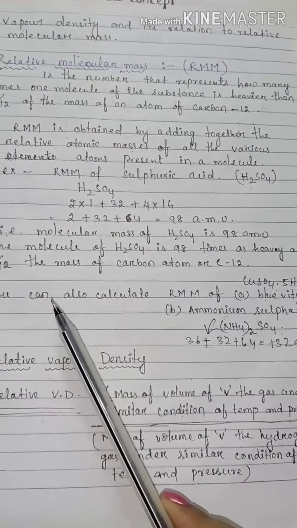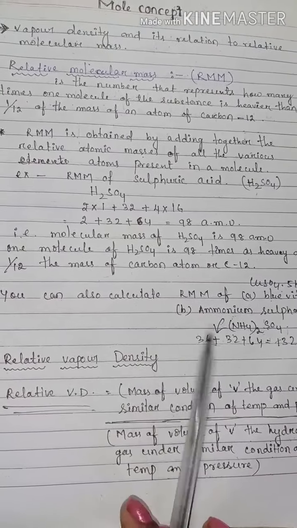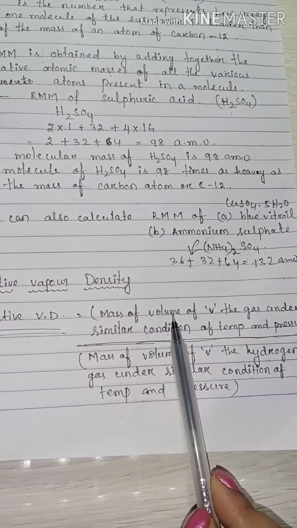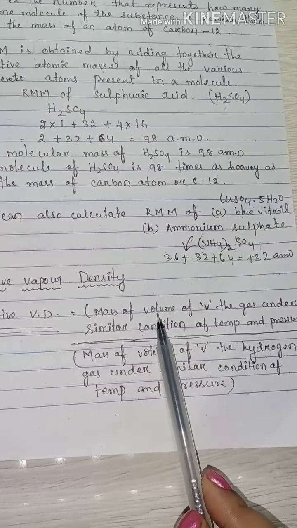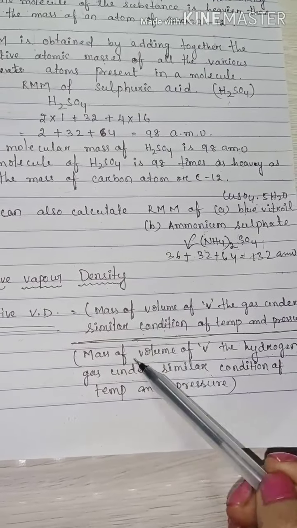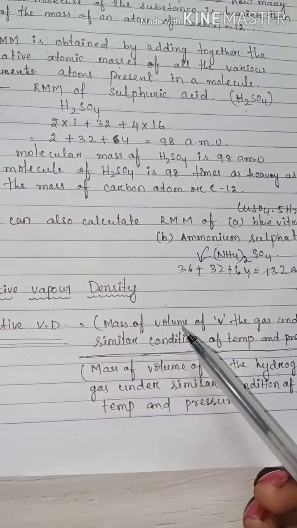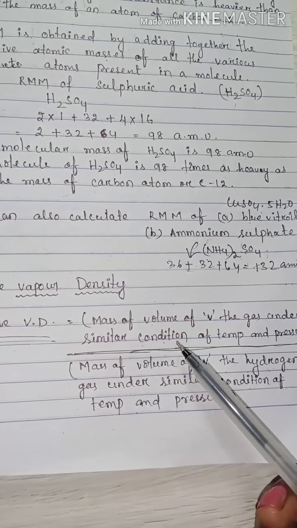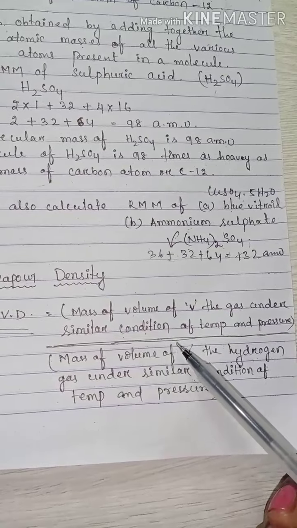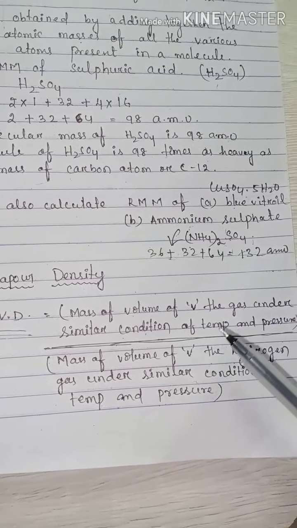Next, relative vapor density. Relative vapor density is the ratio between the mass of an equal volume of gas and hydrogen under the same condition of temperature and pressure, that is, under STP condition.